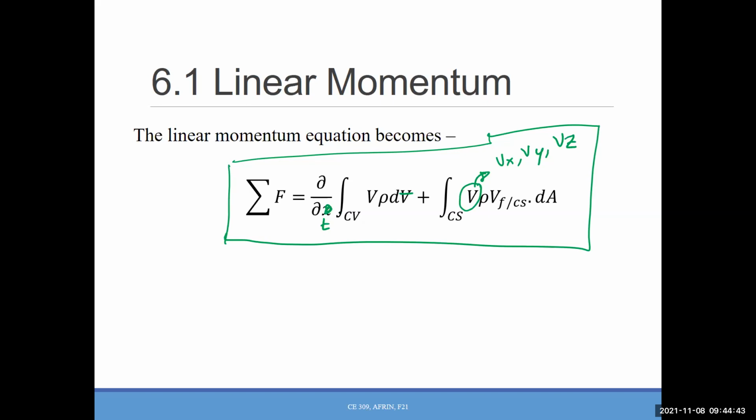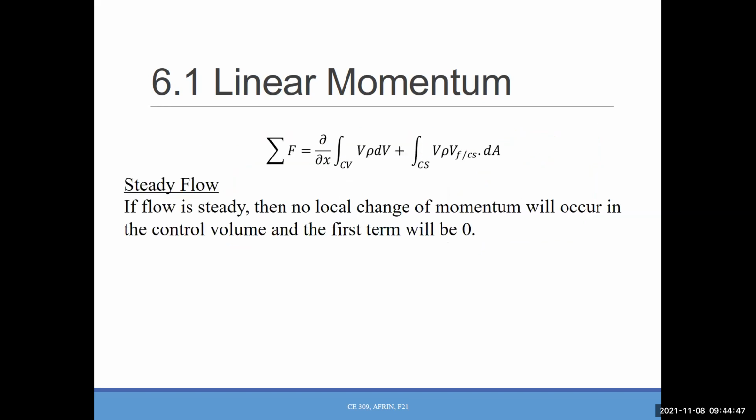So the very first term can be what? 0, right? So for steady flow, this whole term is 0. So finally, for steady flow, the equation will be CS V rho.